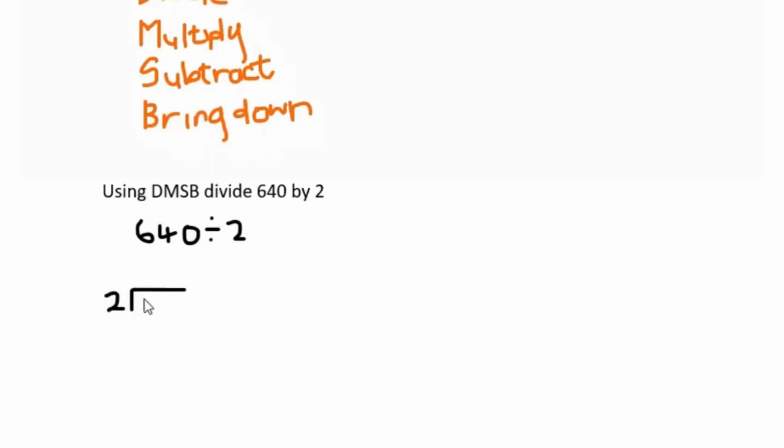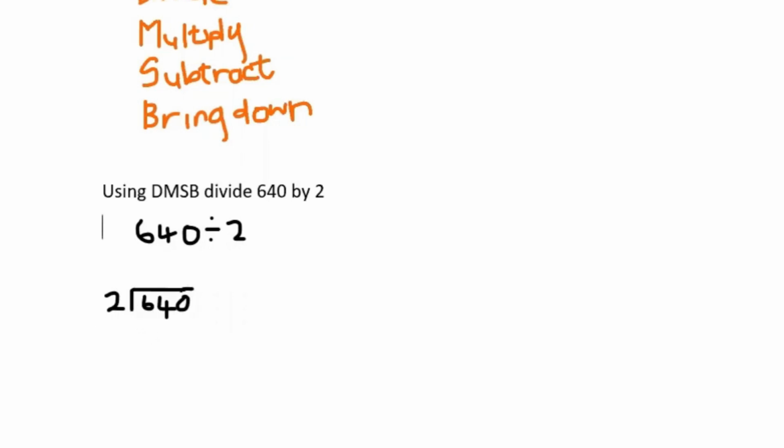In this case, the number we're dividing is 640. So this is how you show your sum if they're saying 640 divided by 2, and you're asked to use DMSB to divide 640 by 2.